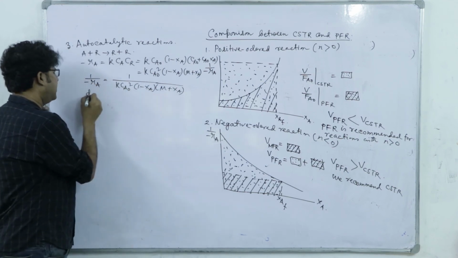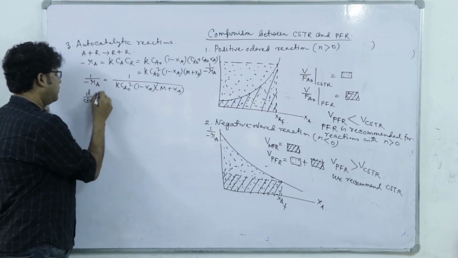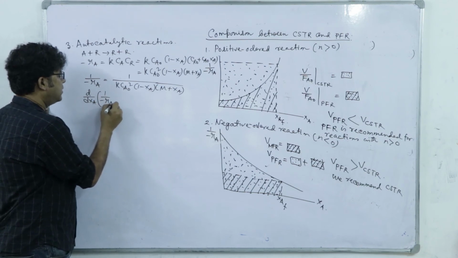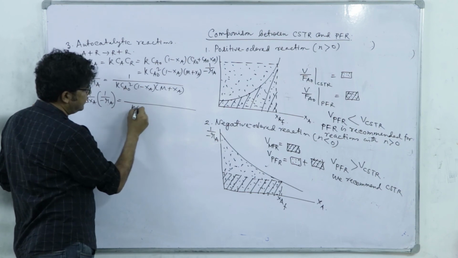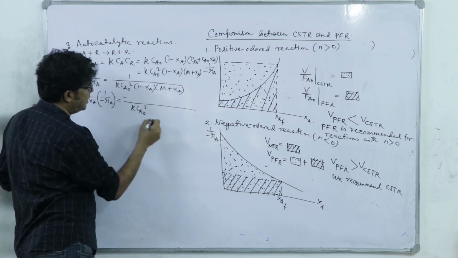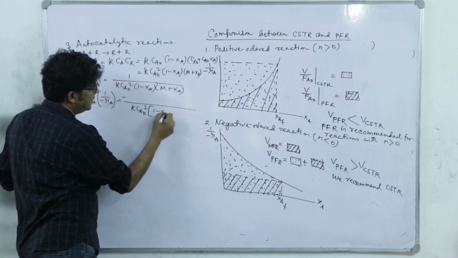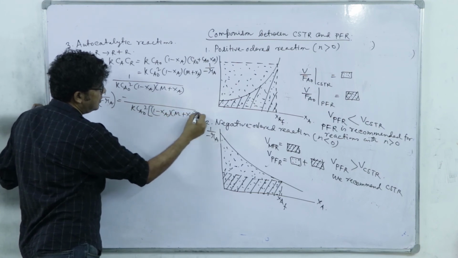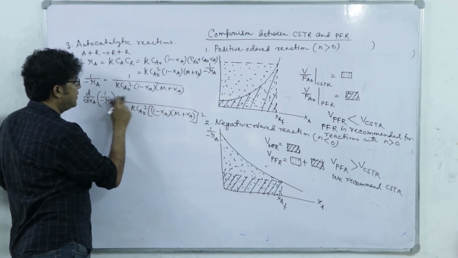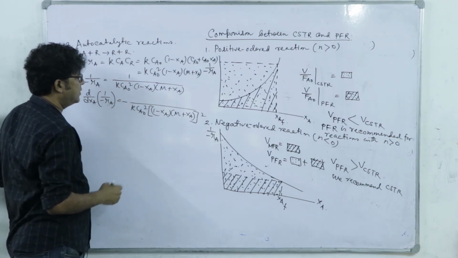Right. So if we are trying to locate the possible existence of maxima and minima, that is K into Ca naught square into 1 minus Xa into M plus Xa whole square, then there will be a minus sign here.